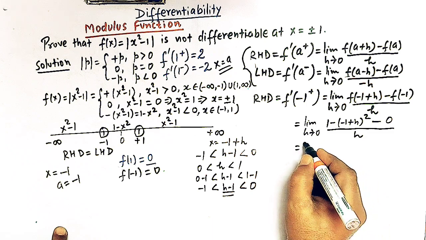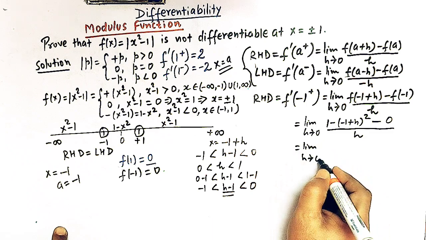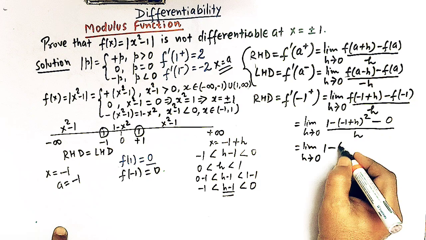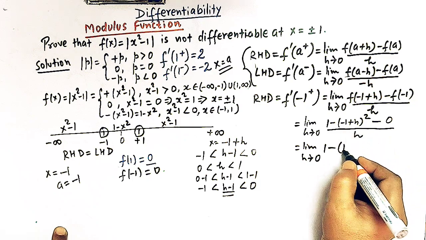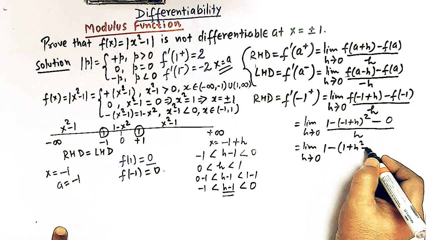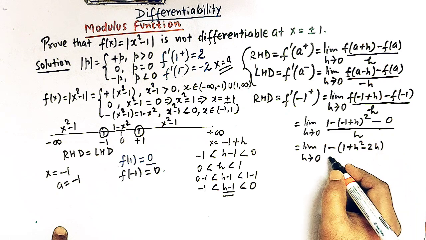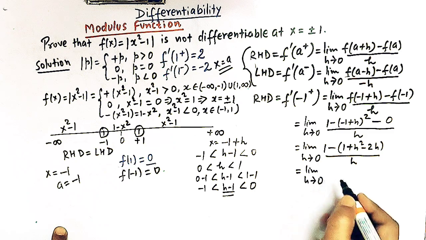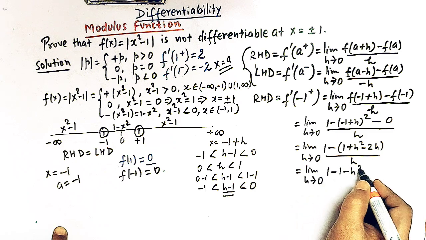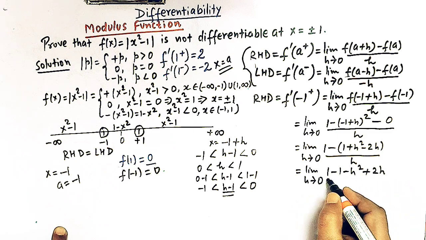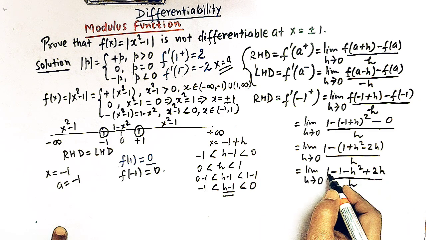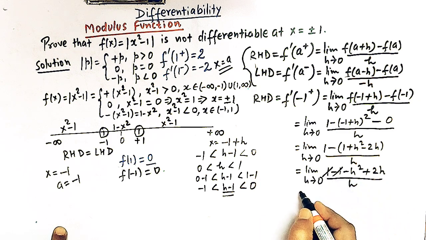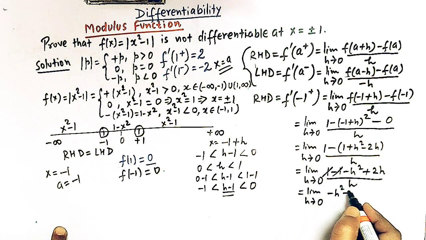So let us simplify it. We have limit h tends to 0 of 1 minus (1 plus h square minus 2h), over h. So this is limit h tends to 0 of (1 minus h square plus 2h) over h, and 1 and 1 get cancelled, and we have limit h tends to 0 of (minus h square plus 2h) over h.